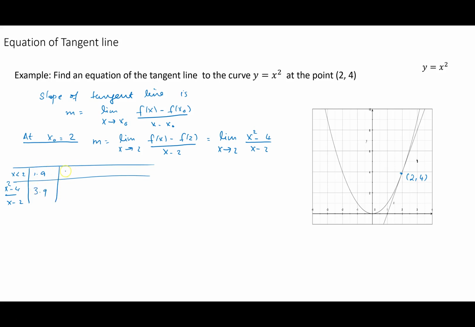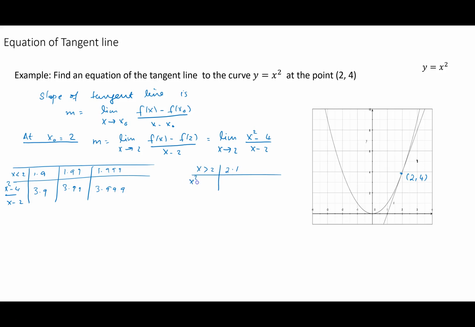If you plug in x equals 1.99, you will get 3.99. If you plug in x equals 1.999, you will get 3.999. Also, you can put x values bigger than 2 but close to 2. Let's say 2.1.